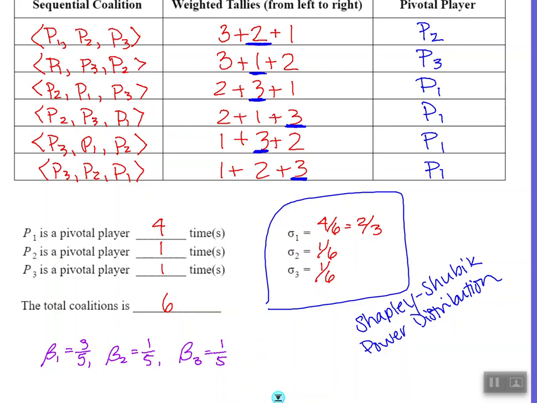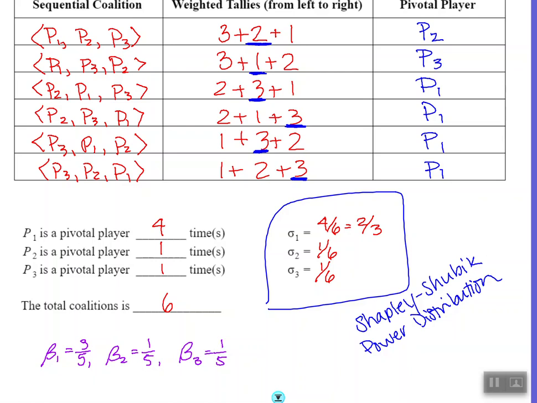This method, the Shapley-Shubik power distribution or power index, has been applied to some large-scale voting bodies such as Congress or the UN Security Council. Those get a little more complicated because there are so many players.